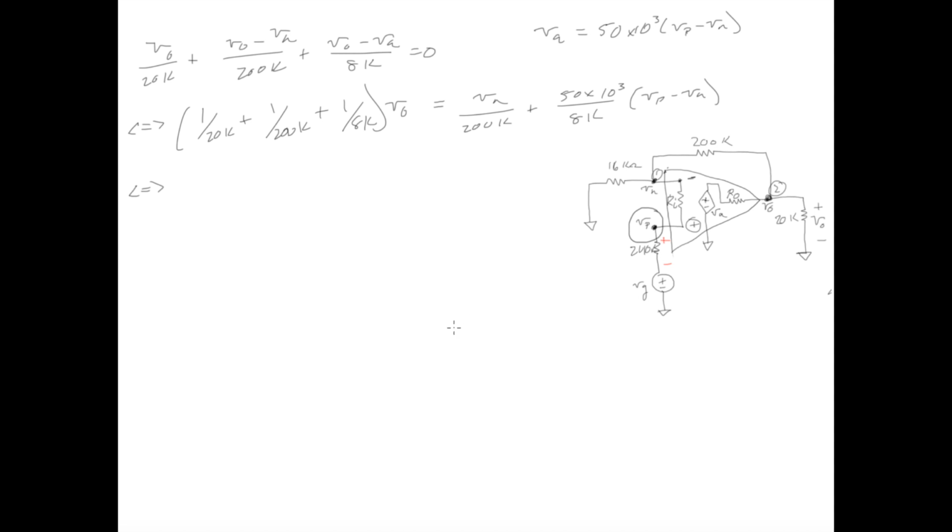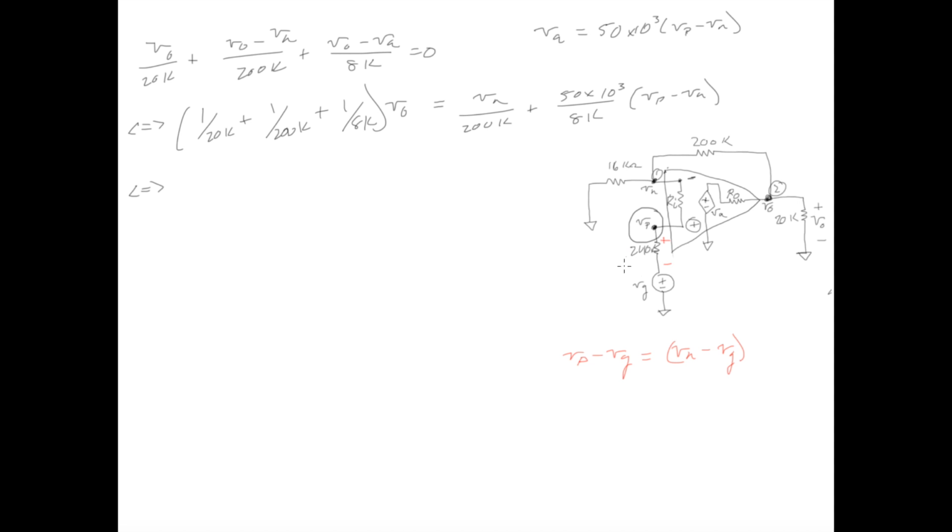So the total voltage, or the Vp essentially, is just the voltage across this 240K resistor. So the voltage across that is just Vp minus Vg, which is just equal to, this really simple wire right here, we can just say that this voltage is just equal to Vn minus Vg, which is the total voltage from this Vn node to this Vg source, times, and then this is just like the voltage divider rule.